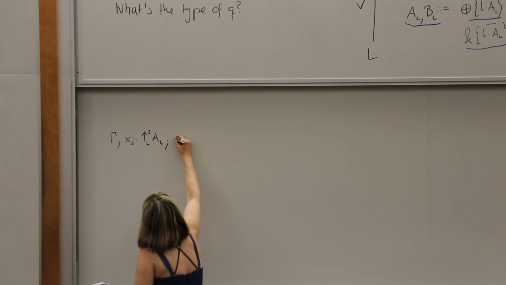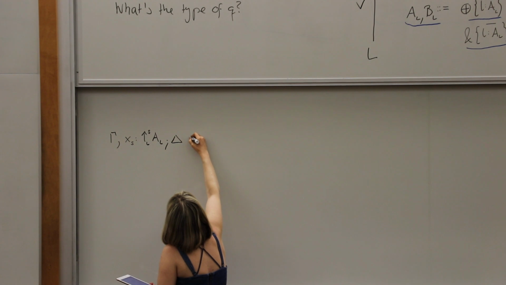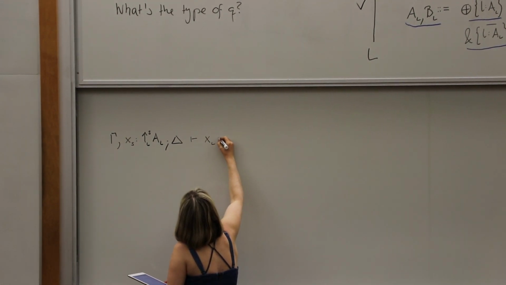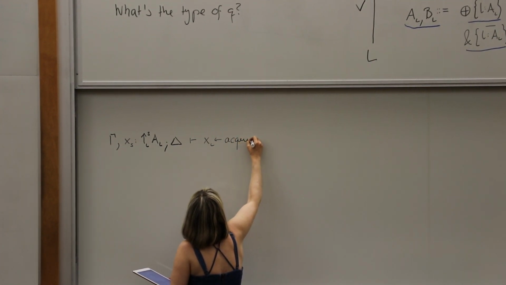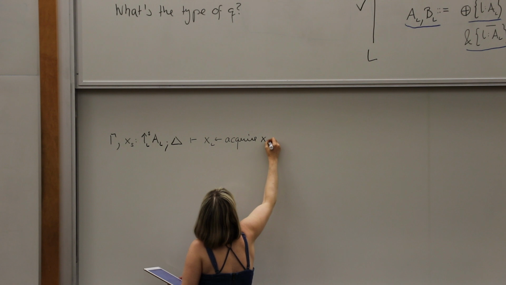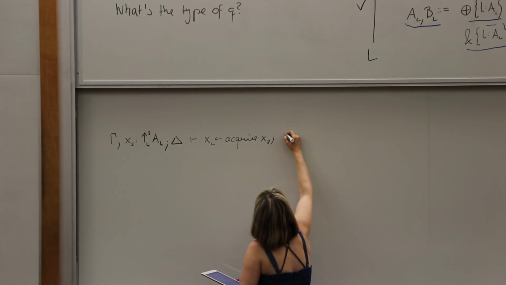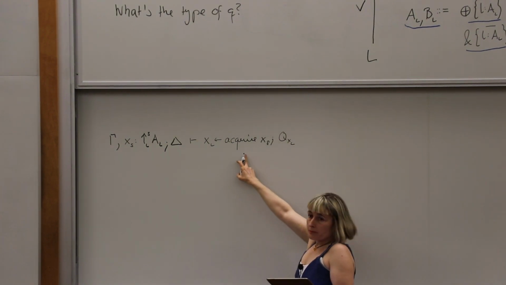Then also we are going to have some linear resources, and our process term is the following. I'll write it down and then I'll read it to you. Our process term is the following.